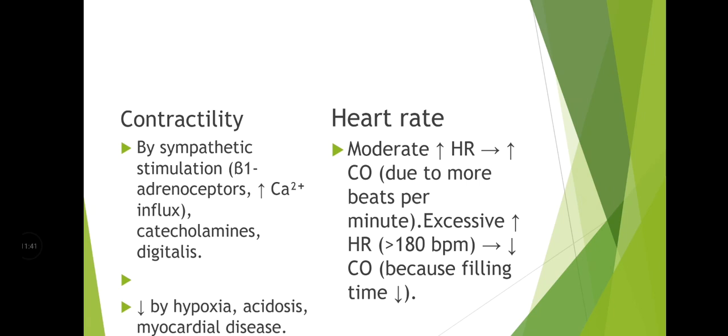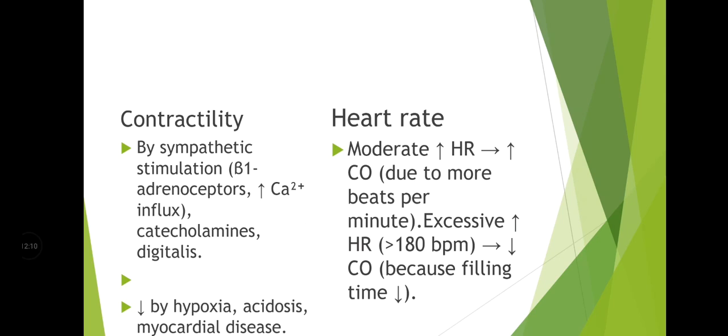Heart rate: a moderate increase in heart rate increases cardiac output. Why? Because there's more beats that occur in a minute. But an excessive increase in heart rate to a point greater than 180 beats per minute decreases cardiac output because it decreases filling time. If the heart is contracting very fast, it will not have enough time for blood to fill the ventricles so that it can be pumped out.